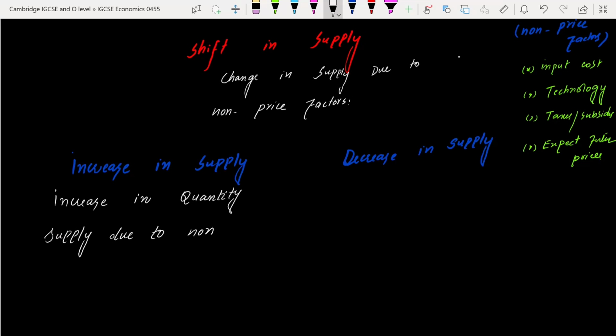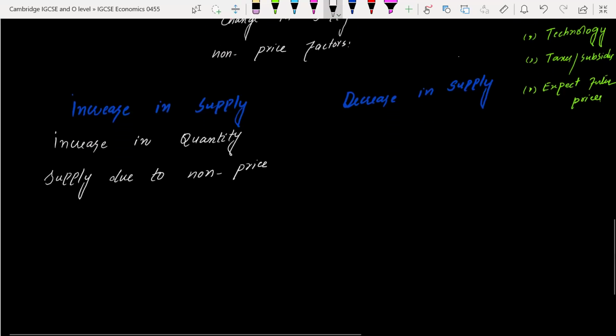When you were writing down the definition of extension in supply, even though extension and increase both seem like the same, when you write the definition of extension in demand or extension in supply, you must say that the change is happening due to prices. But for increase and decrease, it will be due to non-price factors, meaning increase in quantity supplied due to non-price factors.